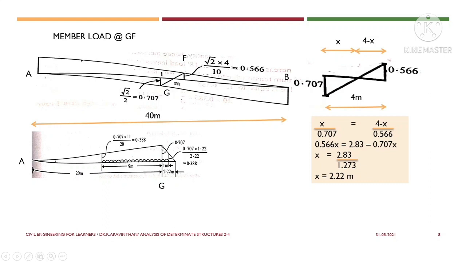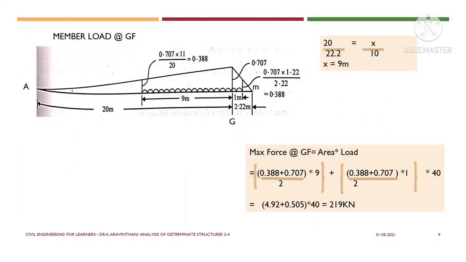You got the maximum at 20 meter from the point A. That is 20 by 22.2, and this will be taken as x divided by 10, because the UDL total distance is 10. If you take this ratio, you are getting x equal to 9 meter. From the maximum ordinate, the left hand side will be 9 meter and the remaining 1 meter will be at the right hand side. So after placing the load, you have to find the ordinate.